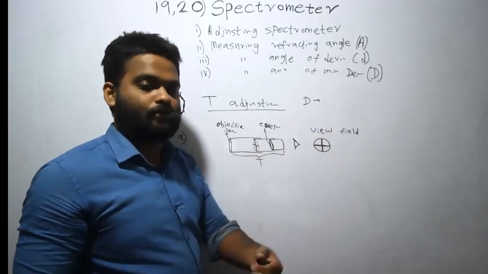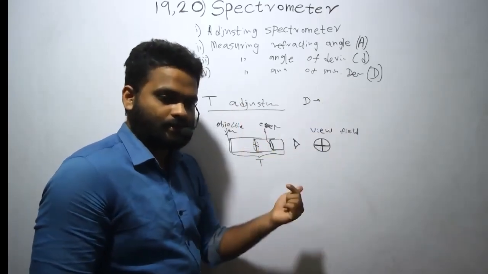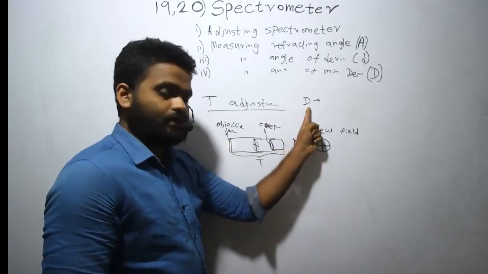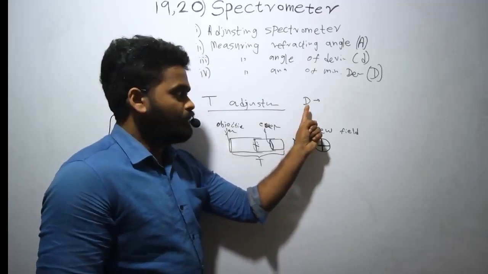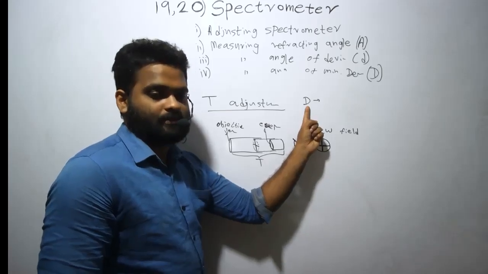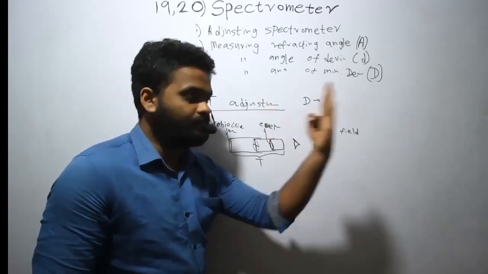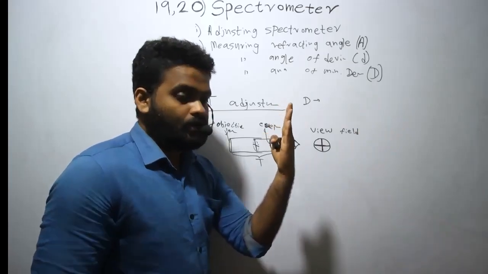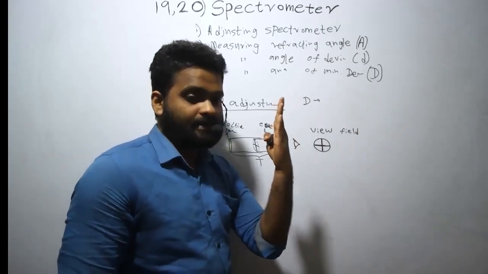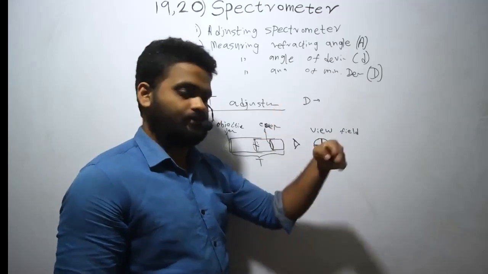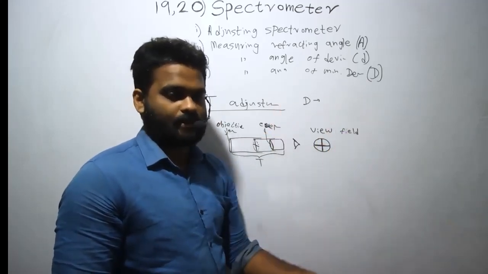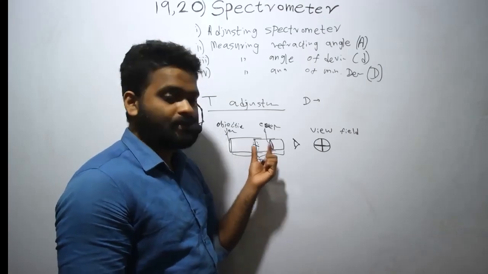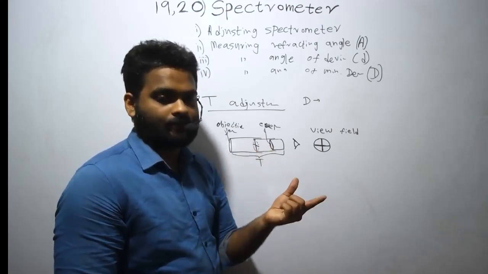From student to student, this value is different. Usually this value is 25 centimeters. This is the distance from the eye where you form the final image. That is about 25 centimeters average, but from person to person it changes. So you would have to change this gap depending on the observer.